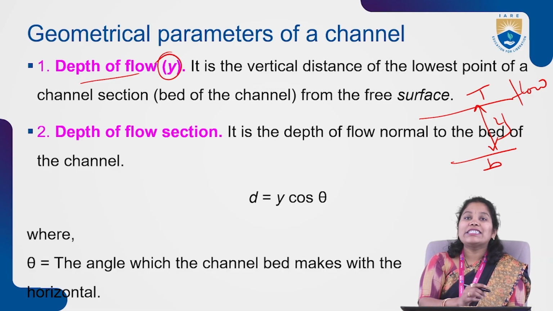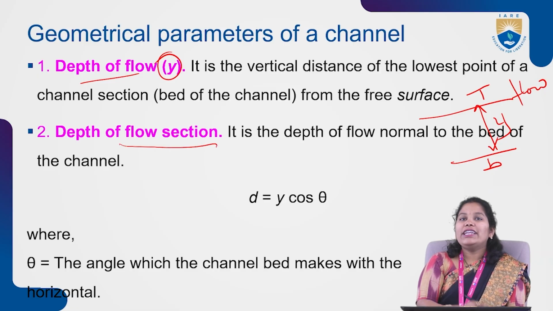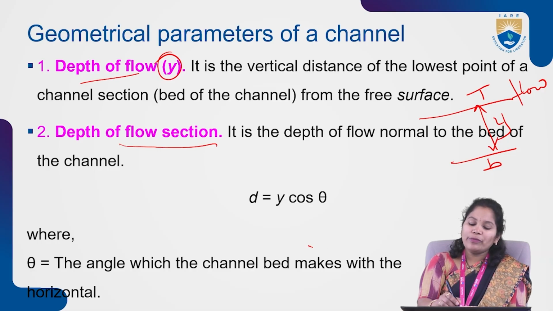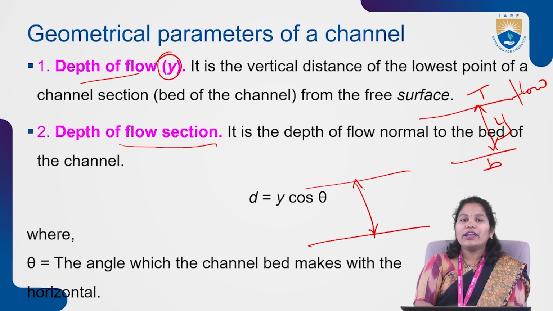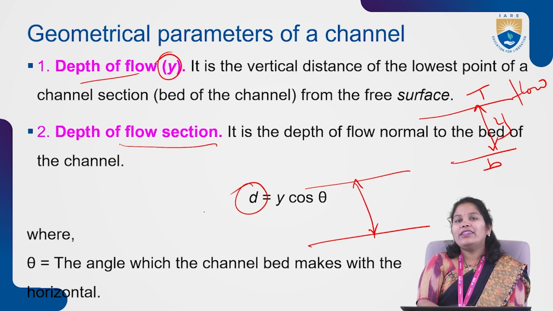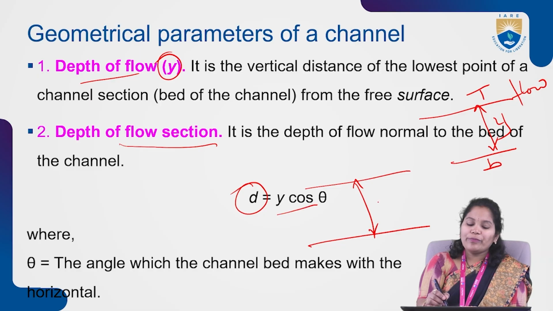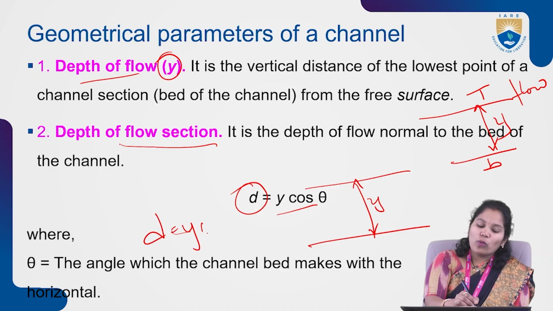Now the second one is depth of flow section. It is the depth of flow normal to the bed of the channel, denoted by D, and the equation is D equal to Y cos theta.